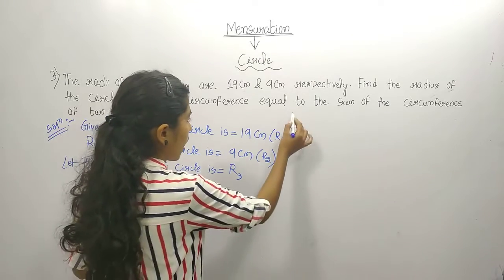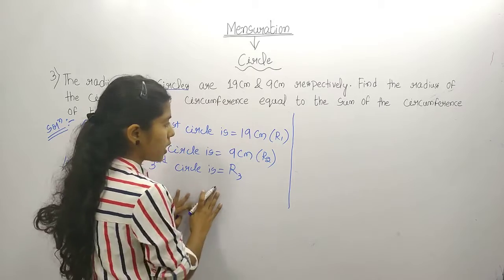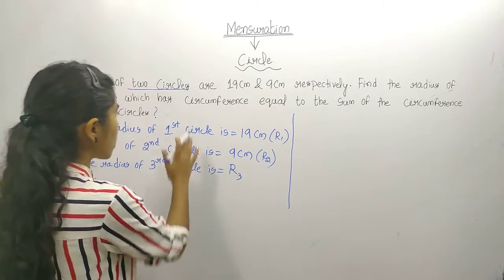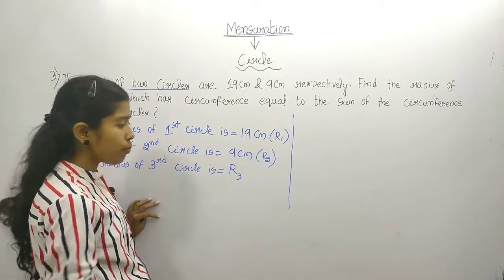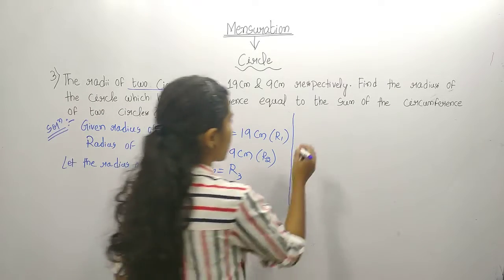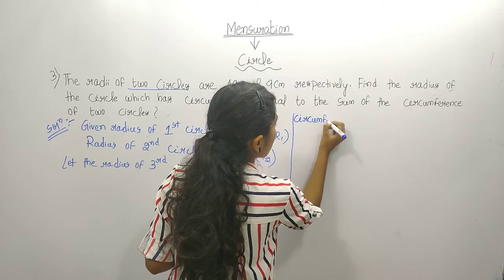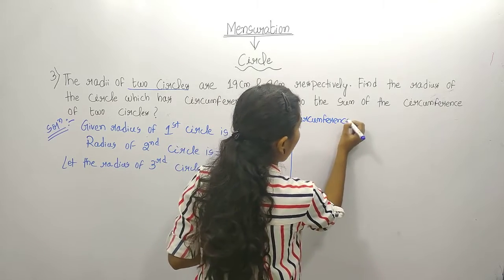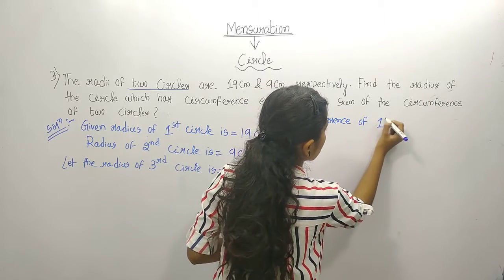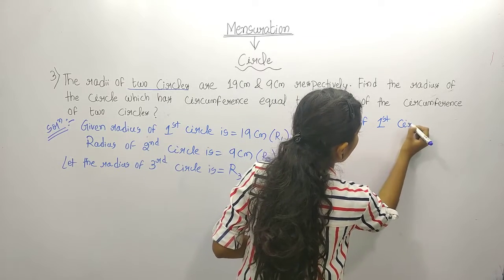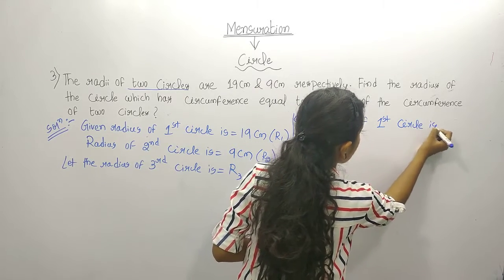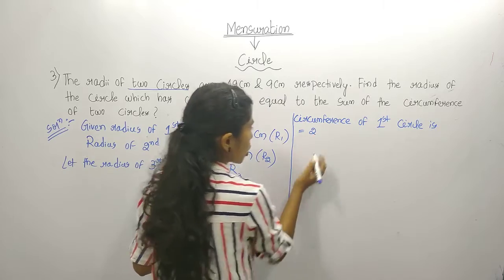Okay, radius is over. Now let's go to circumference. You have to know the circumference of the three circles. So first, the circumference of the first circle is equal to how much?